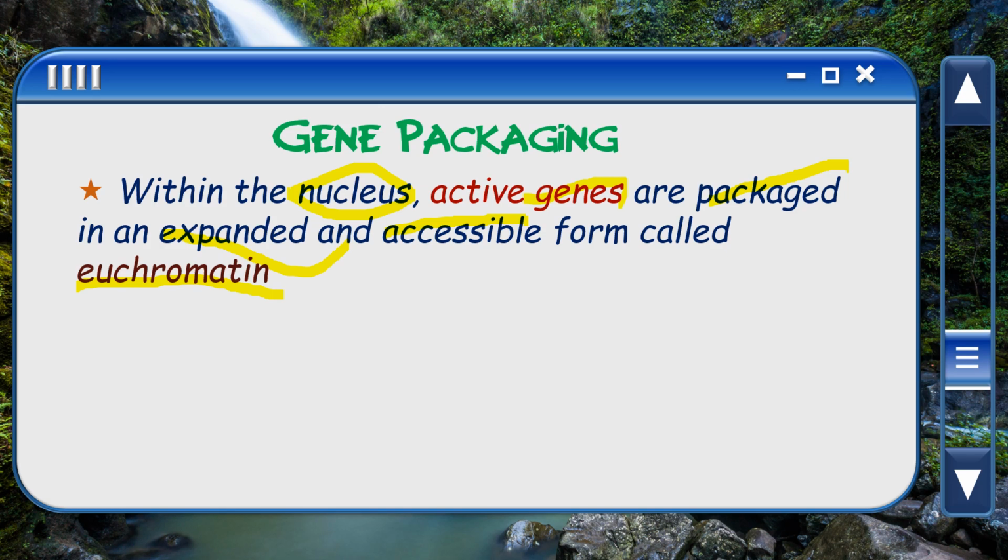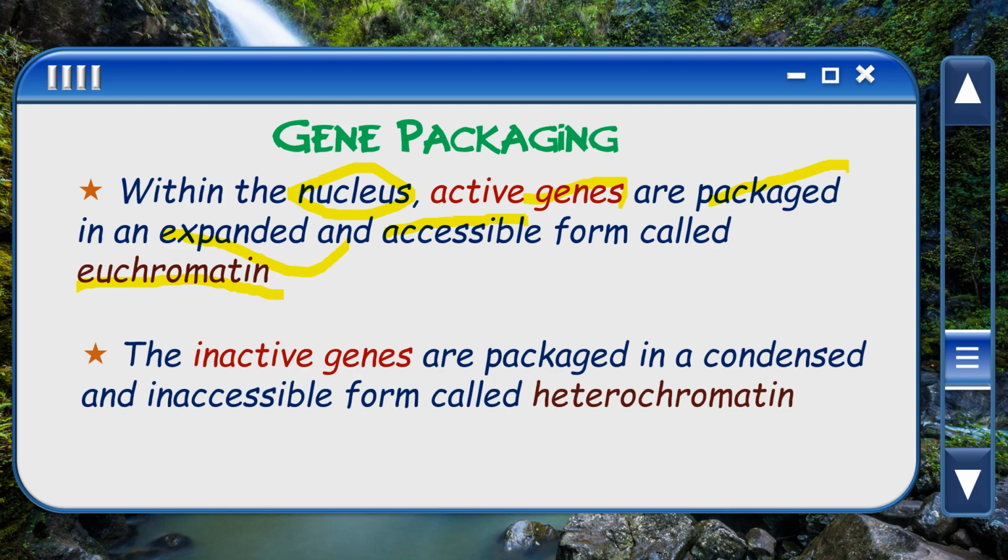It is the same that applies to our packaging of genes. When these genes are packaged in the chromosome, those that are going to be used are the ones that are going to be expanded, and they are the only ones that are going to be accessible. Those are the ones that we call the active genes.